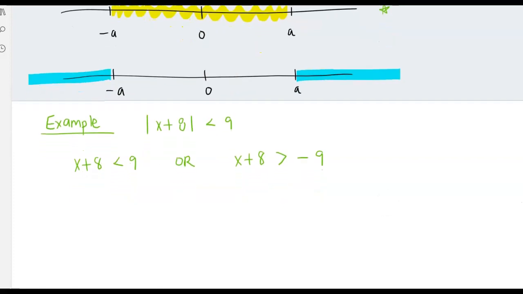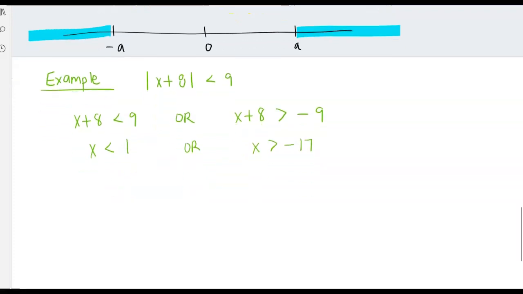I'll solve these both separately. Subtract 8 from both sides for the left-hand inequality to get that x is less than 1. For the one on the right, subtract 8 and we get that x is greater than -17.